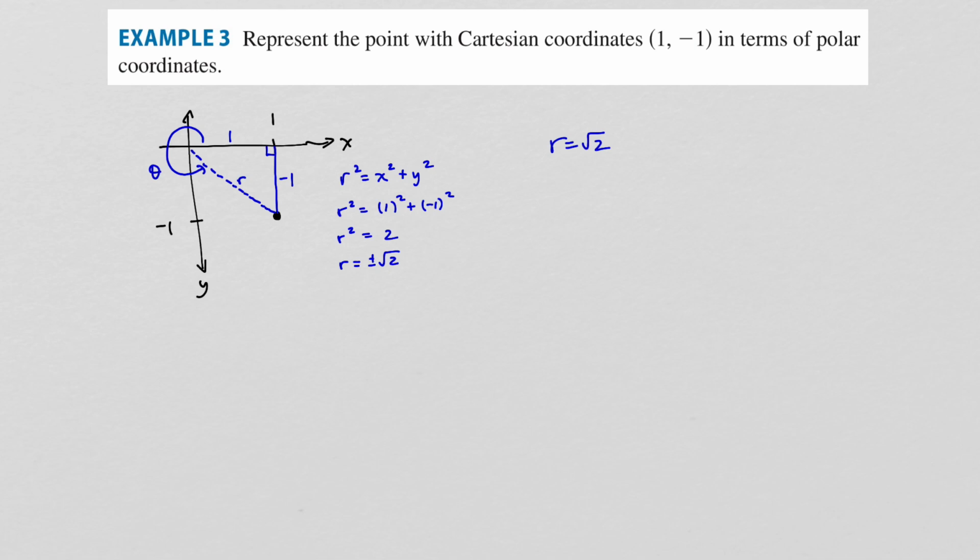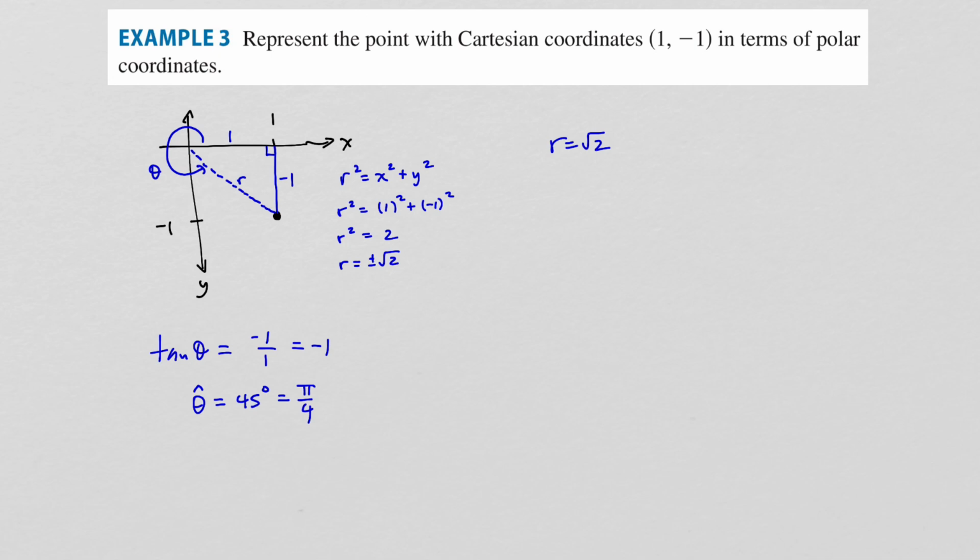But if I choose r equals positive radical 2, now I need to know what is the associated value of theta that corresponds to this. So for this one, you could say that tangent of theta is equal to -1 divided by 1, which is -1. And then you could find the reference angle for that, which we should know is 45 degrees, or pi over 4.